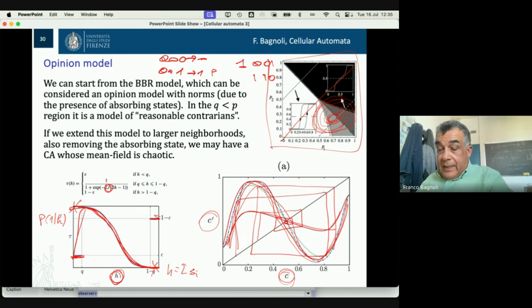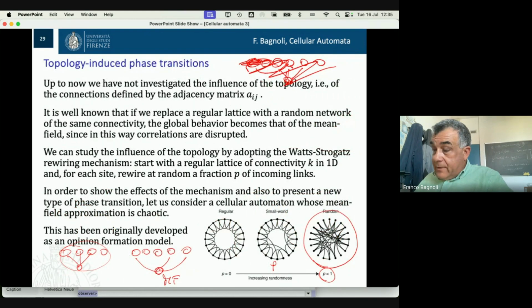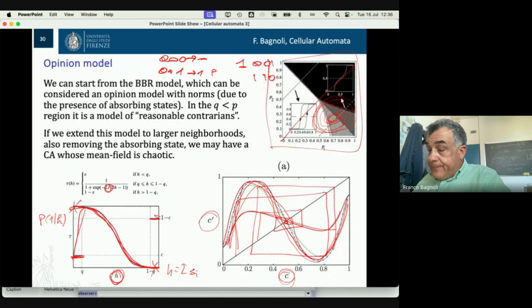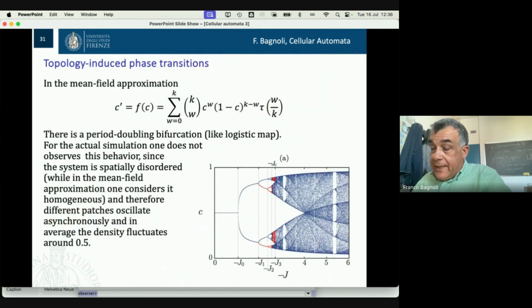So what happens is that you have a system which, in the mean field case, which should correspond also to the case in which you have a random quenched connection, is chaotic. But from the microscopic point of view, if you perform the simulation, you find essentially C equal to 1/2, because clearly the system is chaotic at the mean field, but since there is no spatial correlation along the system, each patch evolves by itself.